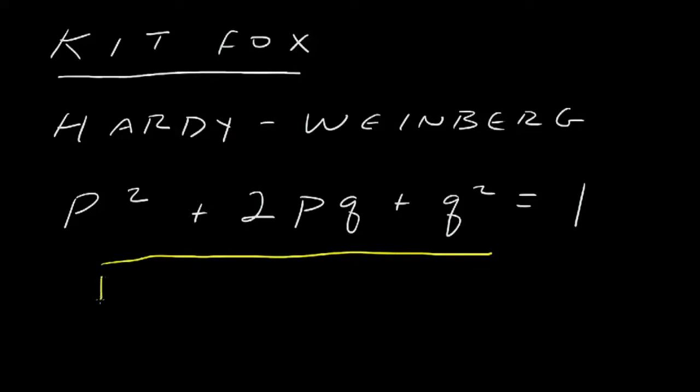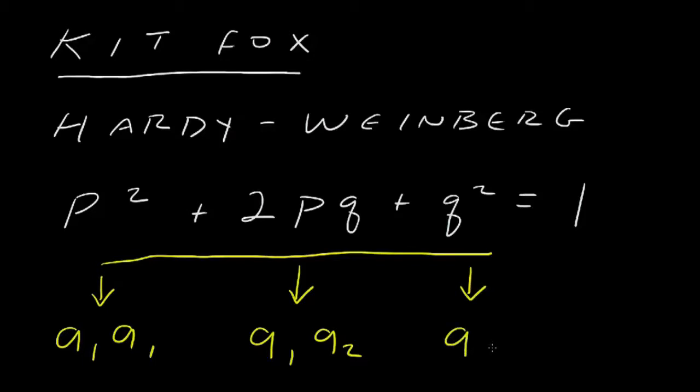P squared represents our A1A1 genotype, our 2pq represents our heterozygotes, the A1A2s, and the q squared term represents our other homozygotes, the A2A2s. So these three frequencies should add up to 1.